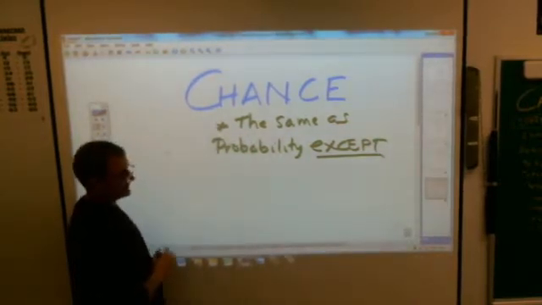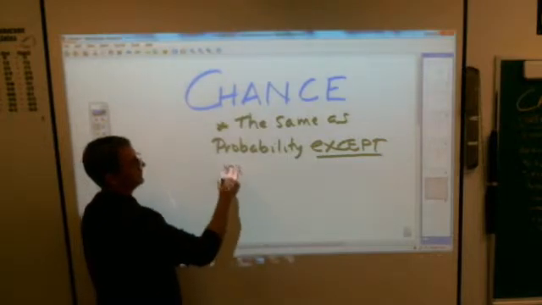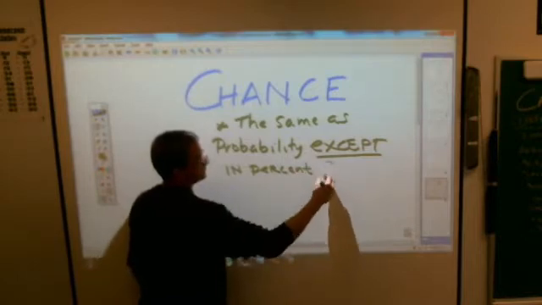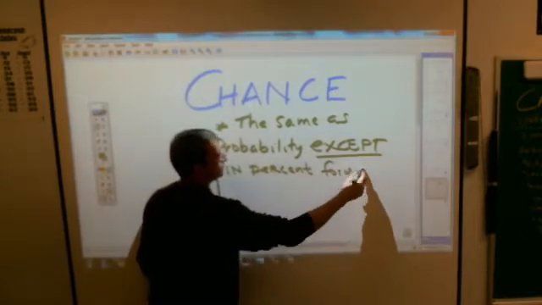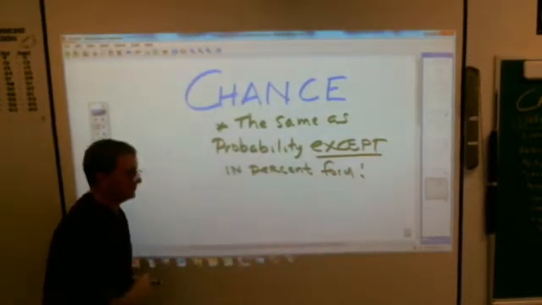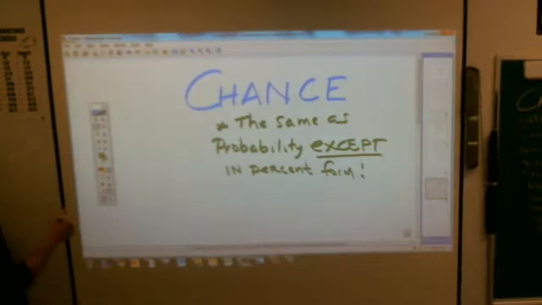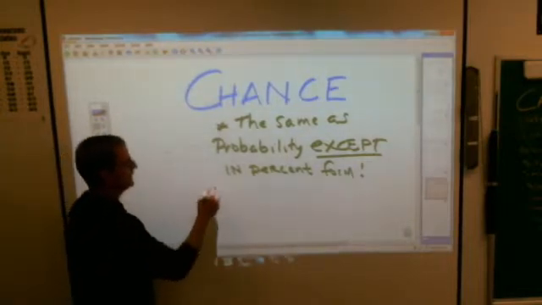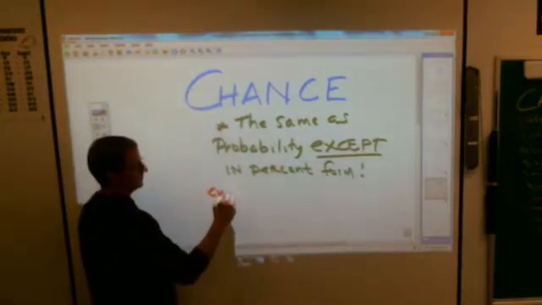Same as probability except in percent form. And a good case in point of that is when you listen to the weather forecast, when they give you the forecast for rain, they tell you in percents. They give you the chance of rain.